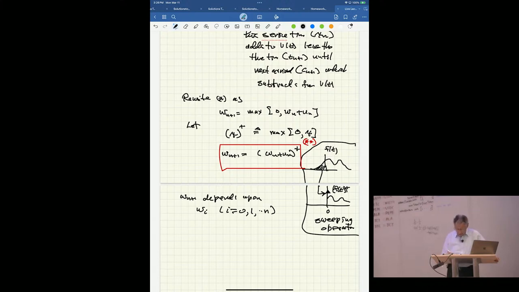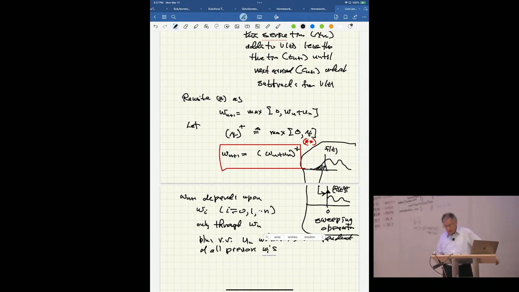Sounds like a Markov process, right? Plus a random variable U n, which is independent of all the other W i's, of all previous W i's.